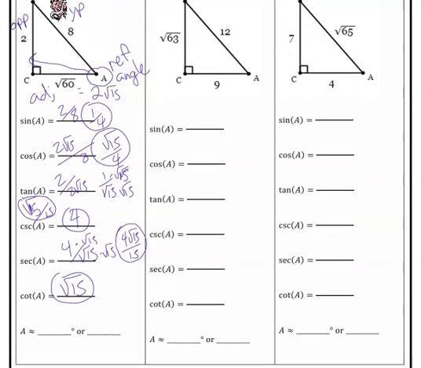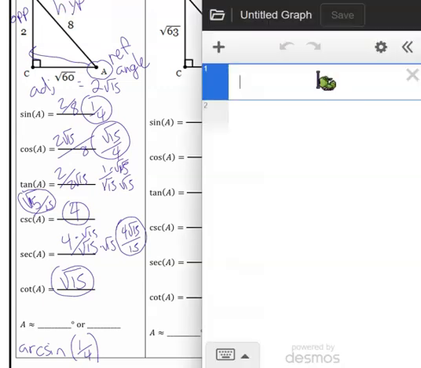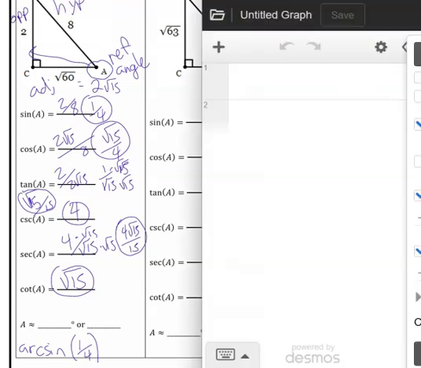Now to find the approximate angle measure, we can use any of these trig functions to evaluate for that. Let's just use sine. So what we want to do is find arc sine of 1/4. Let's go ahead and put those into the calculator. When you get to the calculator, go to the toolbar and make sure that it is in degrees first.